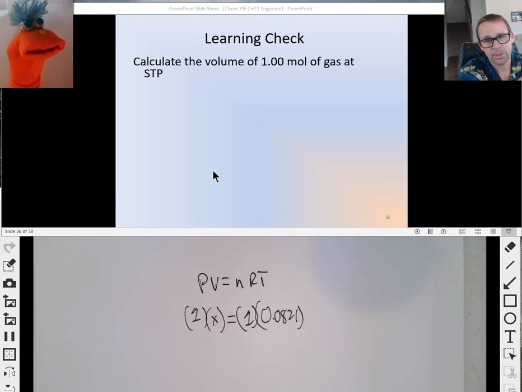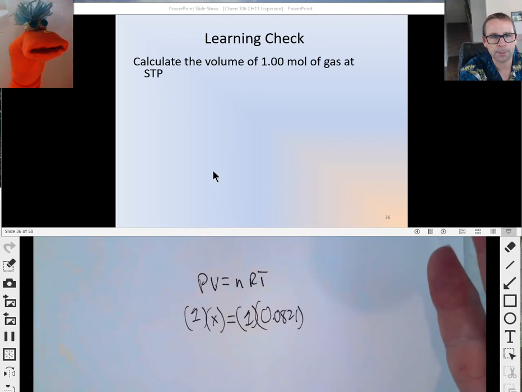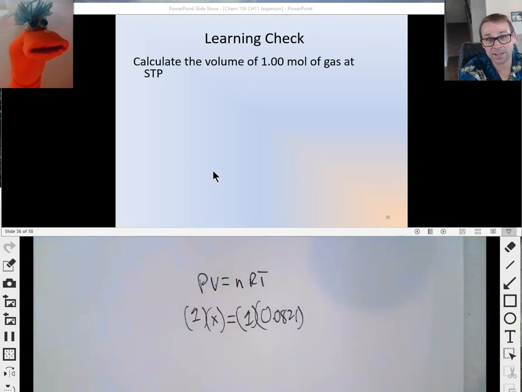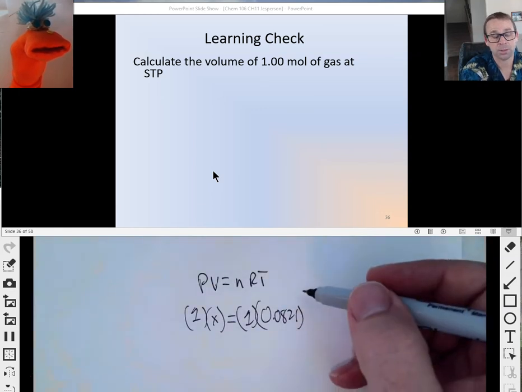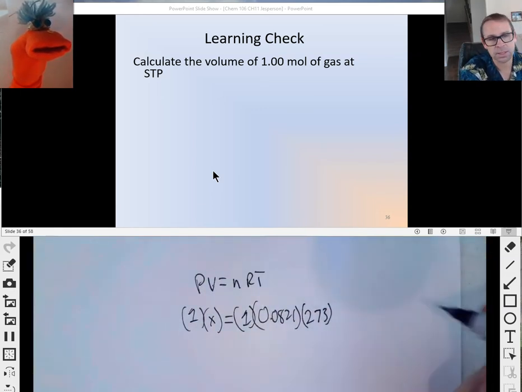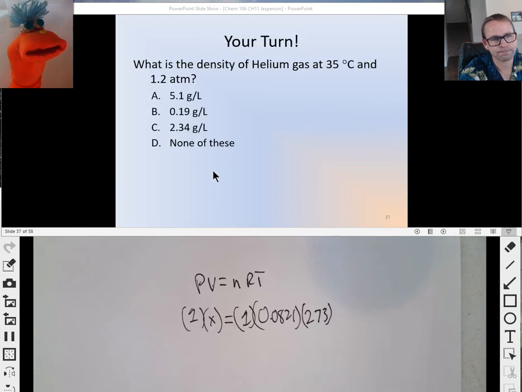Now, there's nothing standard about that in terms of the temperature outside. In fact, when somebody refers to standard temperature, they're usually referring to room temperature. But when they refer to STP in that way, they're talking about 273 Kelvin, or 0 degrees Celsius. All right, so that's where we get our 22.4 liters from.